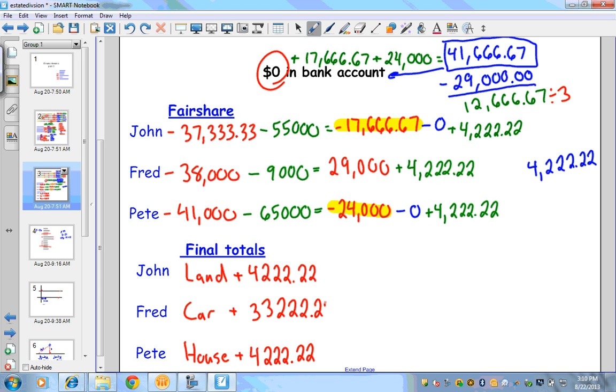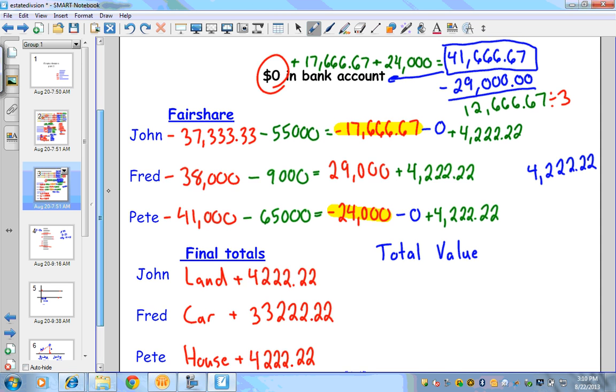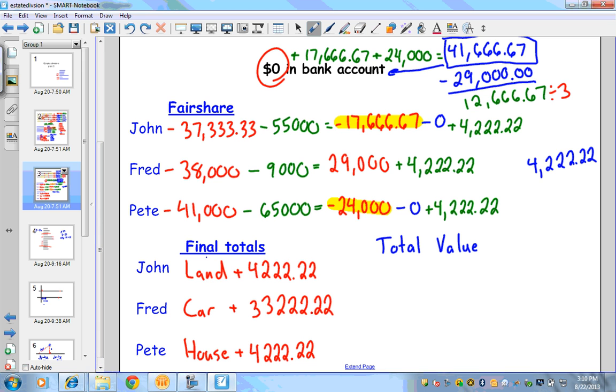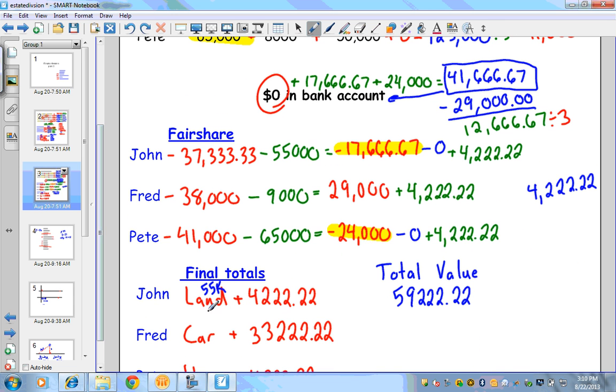Now, if I was to ask you what is the total value of their fair share, you would say John bought some land for $55,000 for a grand total of $59,222.22. I believe the car was worth $9,000, so if I'm not mistaken, that's 12,000. Nope, bigger than that.